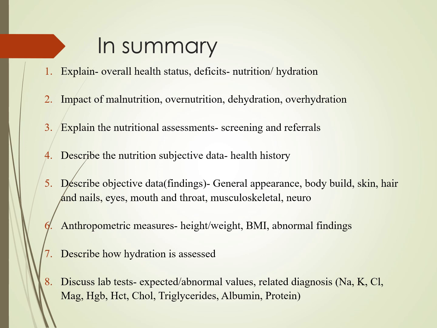Know some of the basic measurements that we utilize for nutrition: height, weight, BMI. And how are you assessing hydration? How are you checking for edema? How are you checking for hydration for your patient? And then we talked about those basic lab tests from earlier. These are good for you to know, and they're lab tests you're going to be assessing for every patient.